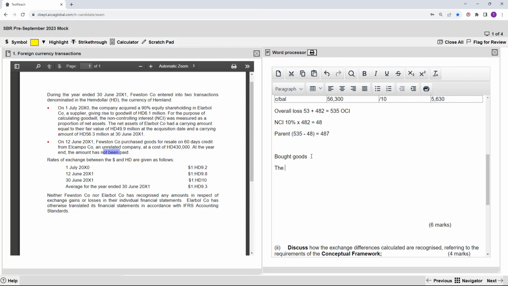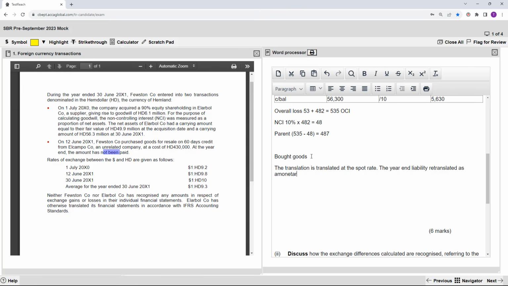So the transaction is translated at the spot rate. The year end liability is retranslated as a monetary item at the closing rate.